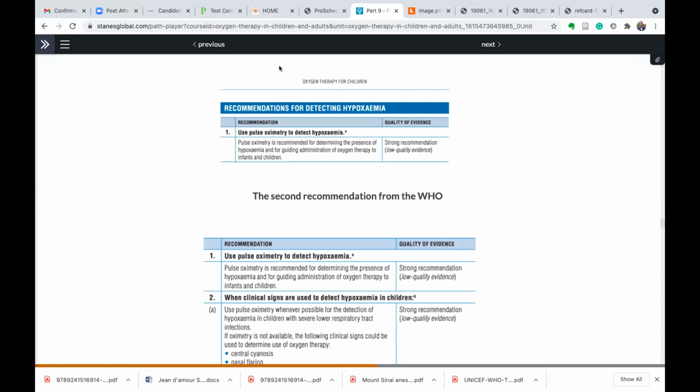So the patient has cyanosis, what else? Okay, yeah, tachypnea, what else?